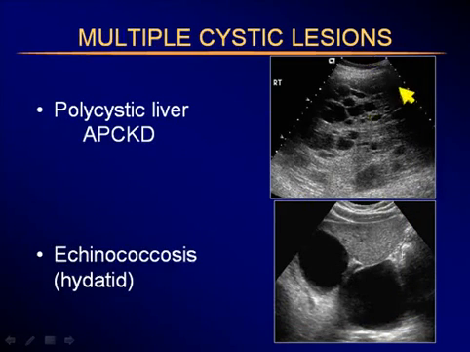We can have multiple cystic lesions throughout the liver. Very often these are associated with adult polycystic kidney disease, the dominant polycystic kidney disease. We could see multiple cysts with echinococcosis or hydatid disease, as was in this case.